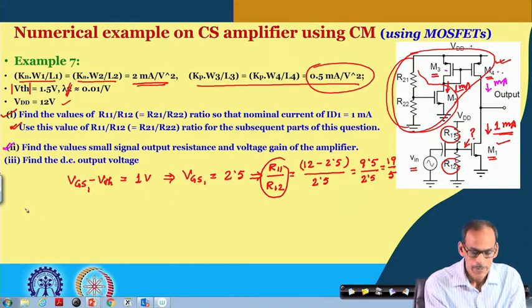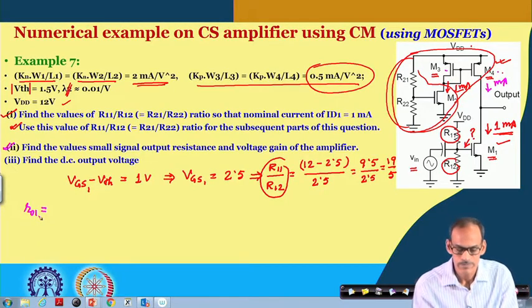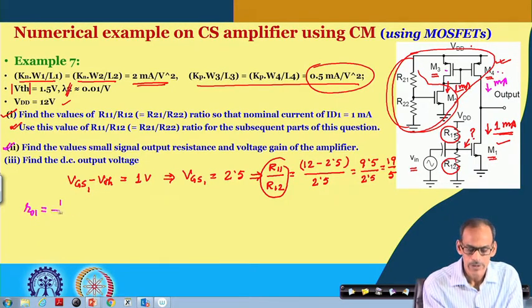So, the RO of transistor 1 is equal to 1 by lambda, which is 0.01, multiplied by 1 milliampere of current. So, that is equal to 100 kilo ohm.